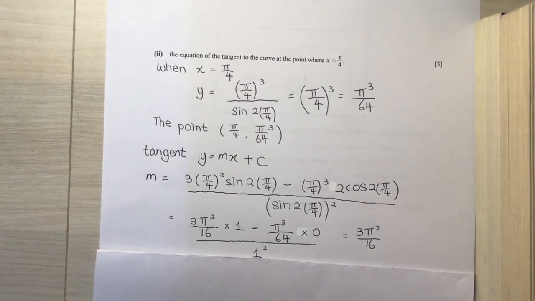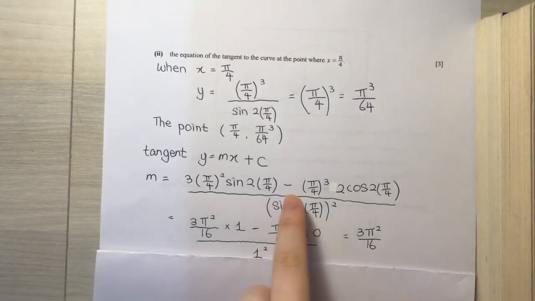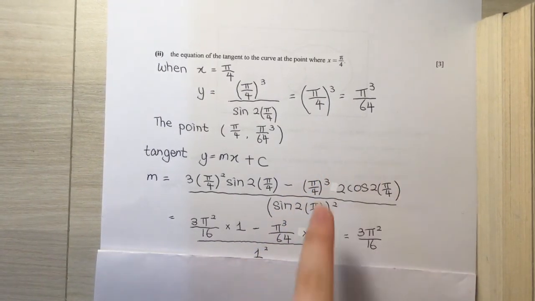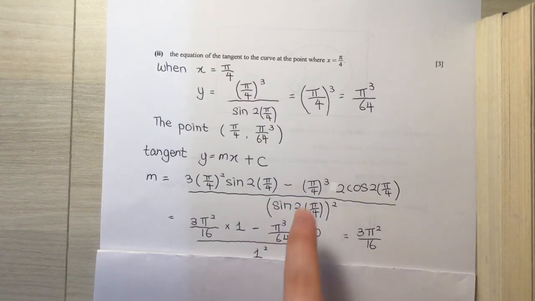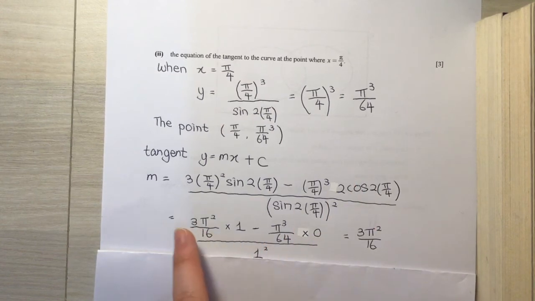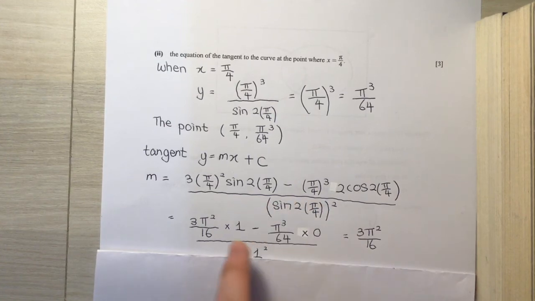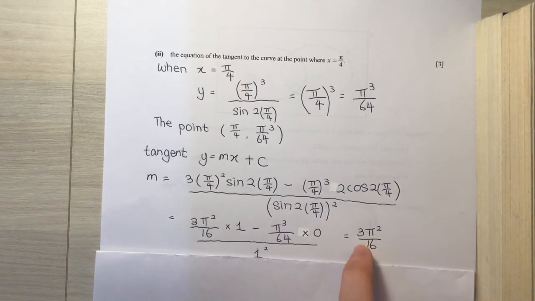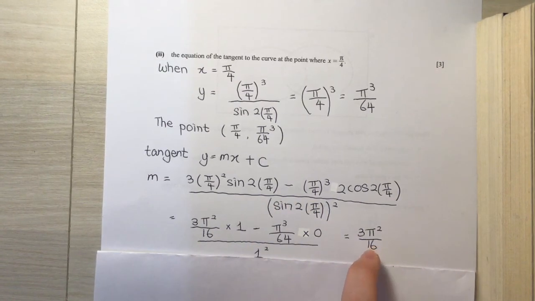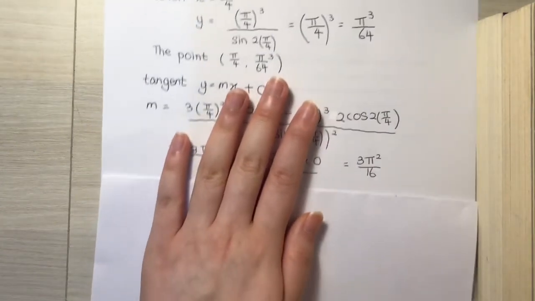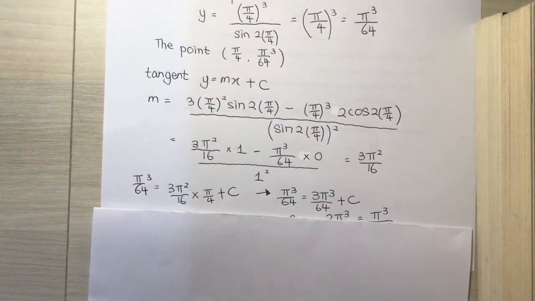So the entire part over here equals 0. I just write it down so that it's more obvious that anything multiplied by 0 is still 0. Over here is 1 multiplied by 1, and at the bottom is also 1. So the answer for m is 3 pi squared over 16. That's all you need to do to find your gradient.